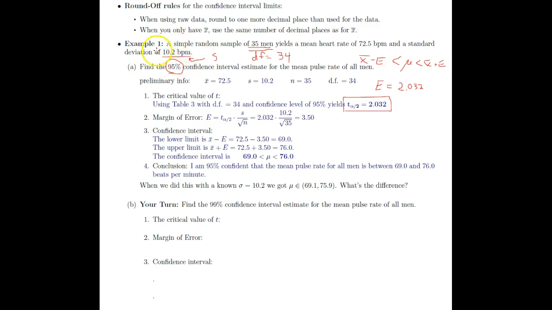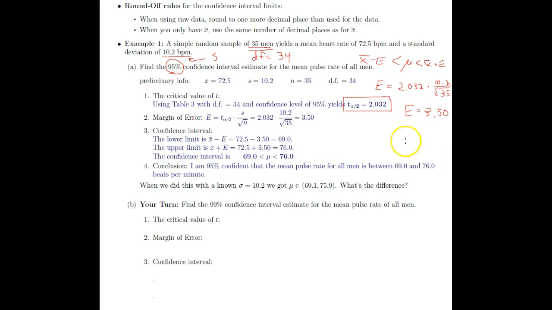Well, our s is 10.2 divided by square root of n, which is 35. You're still using your n here, you're not using your degrees of freedom. Then you punch this into your calculators, and that'll give you your error, which turns out to be about 3.50.